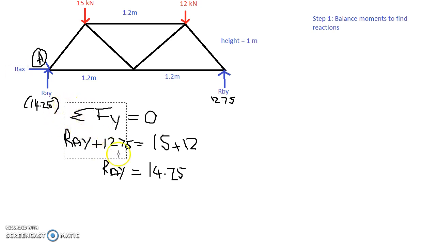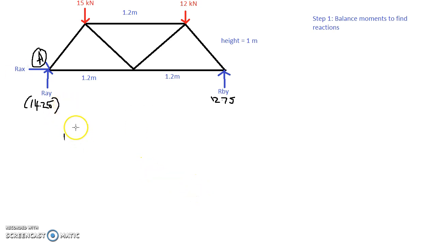The only difference here is it's a little bit different finding the perpendicular distance because our force isn't directly sitting right here. So the perpendicular distance is not as obvious, but it's really the same as if it was sitting there. It's the distance from here to the line of that force, so you can imagine it sitting right down there anyway. So we've got our two reactions. There's step one.